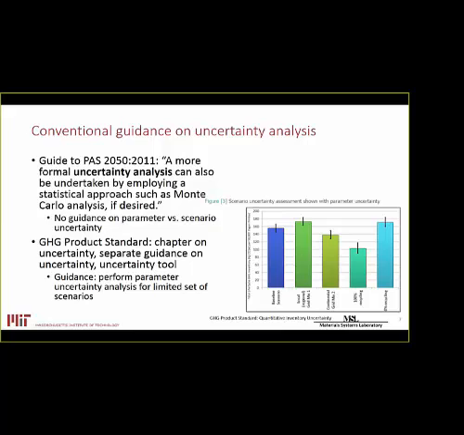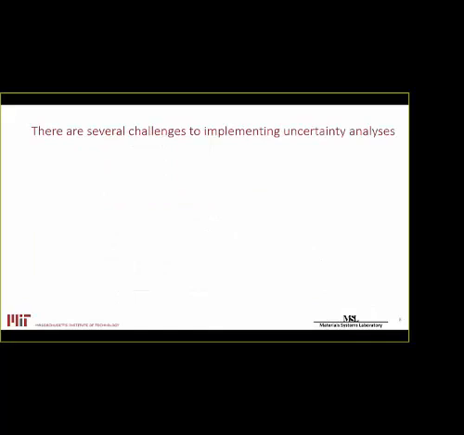So while it's good that we see that, there are still several challenges to implementing uncertainty analyses. One, obviously, data collection in general for life cycle assessments is costly, and this seems to get larger when you're talking about uncertainty, although I'll talk about how that's not necessarily the case.